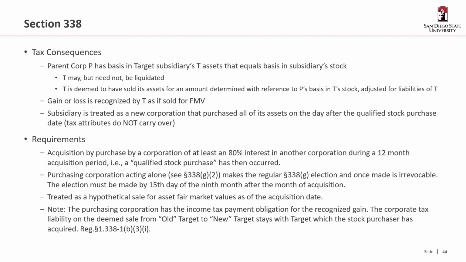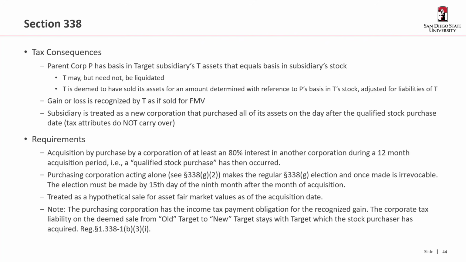So T may but need not be liquidated in a 338 transaction. What happens is when you elect 338, T is deemed to have sold its assets for an amount determined with reference to P's basis in T's stock, adjusted for the liabilities of T. So therefore, gain or loss is recognized by T as if sold for fair market value.